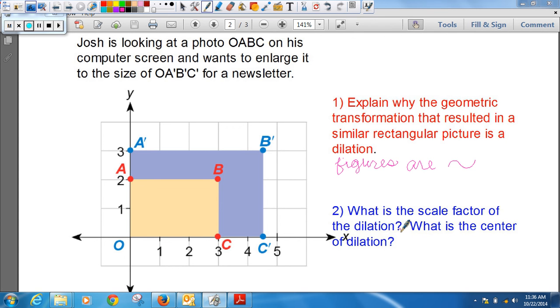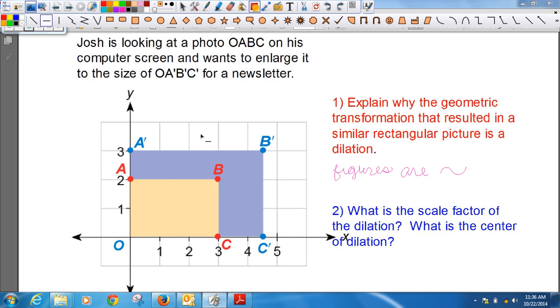Number 2 then, it says what is the scale factor of the dilation and what is the center of dilation, and this is from last chapter. Remember, when you want to find the center of dilation, you draw your lines in and you connect them to the corresponding one and see where all of these lines intersect.